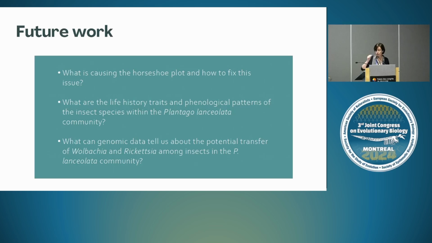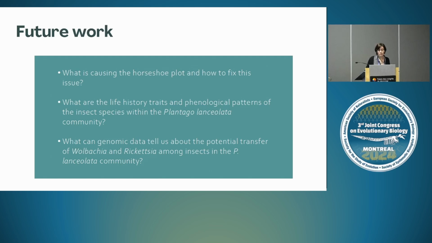But of course, this only opens several more questions. One of them is regarding the horse-shaped plot that I showed you. I'm currently looking into correcting those artifacts, and if you have some ideas on how to fix it, I'm happy to listen to it.